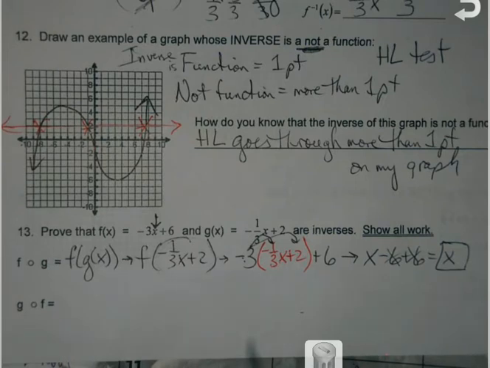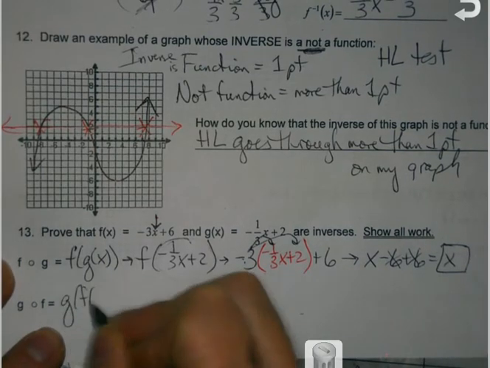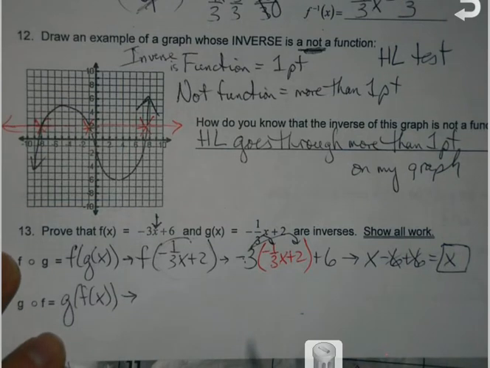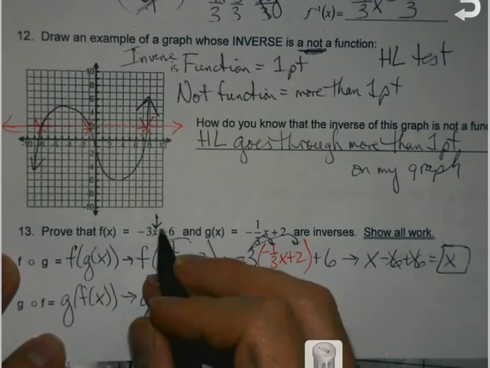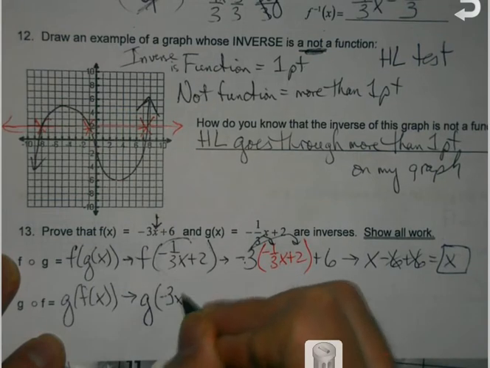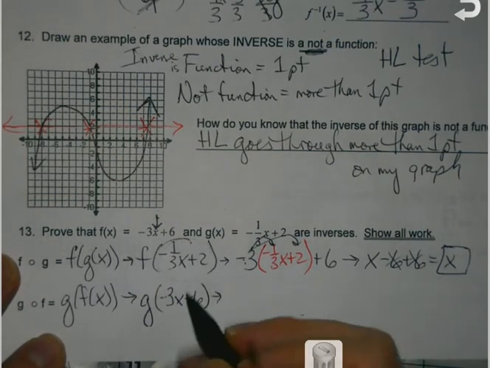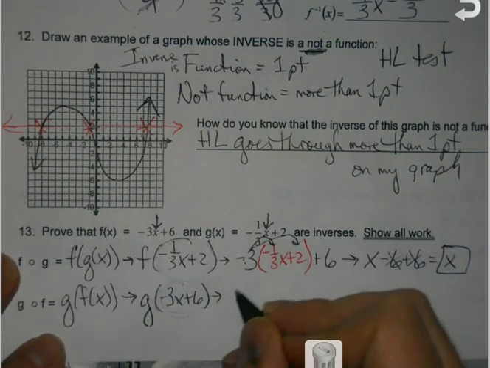Once I've done that for f of g, I switch it up. F of x is -3x plus 6. So again, I'm literally going to plug this in where the x is at.